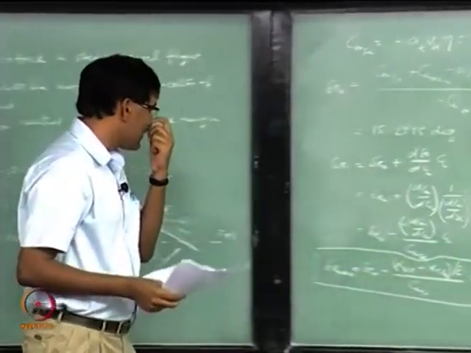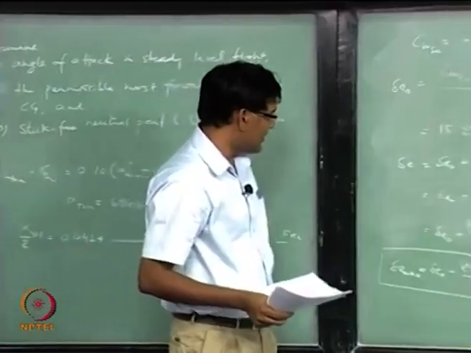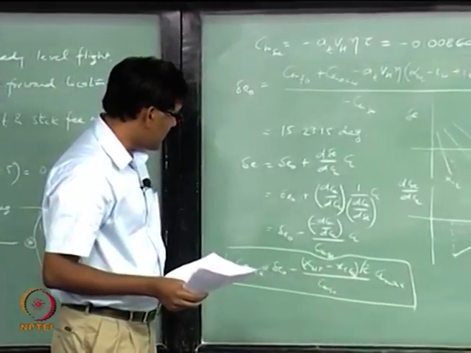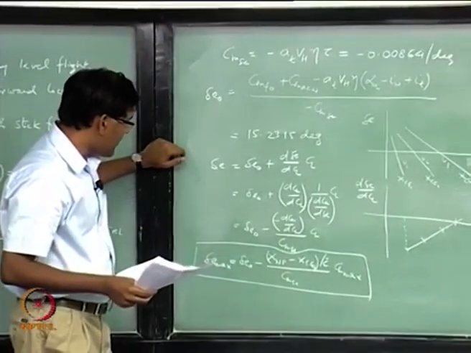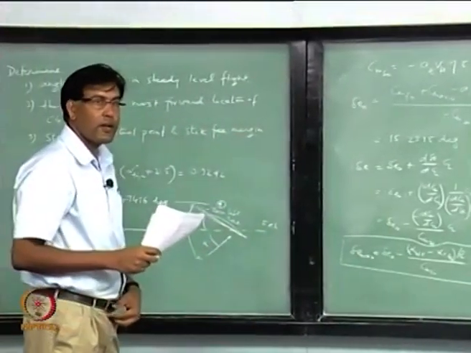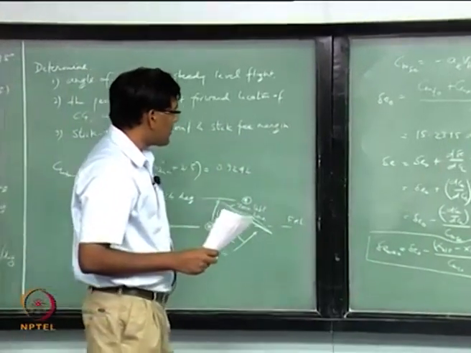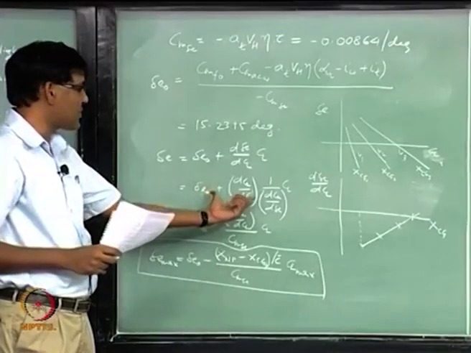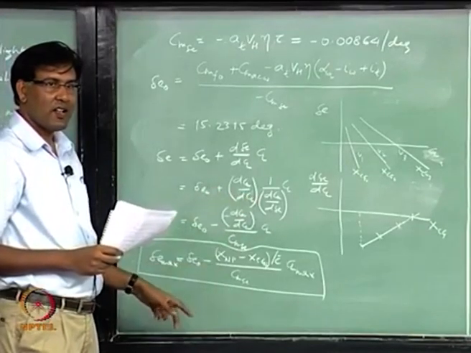Yes, where? It should have been a single minus sign. Which point? That delta E naught minus dCm by dCl everything. It should be delta E naught plus minus dCm, minus plus. I am writing this expression. That is if you are doing like that, but previously given, we can talk about that.